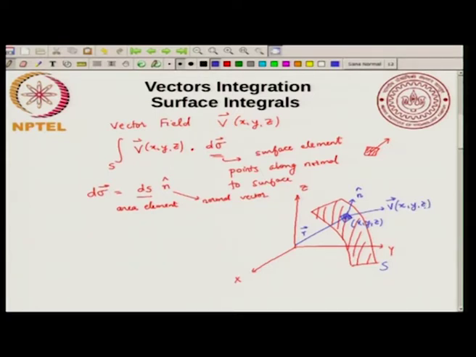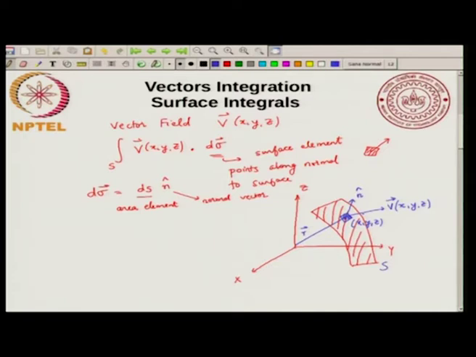This element of the surface also has a normal. Now, you take a dot product of these two and you do this for each little element, and you integrate over the entire surface, you add them up, and you will get the integral. So this is a surface integral.